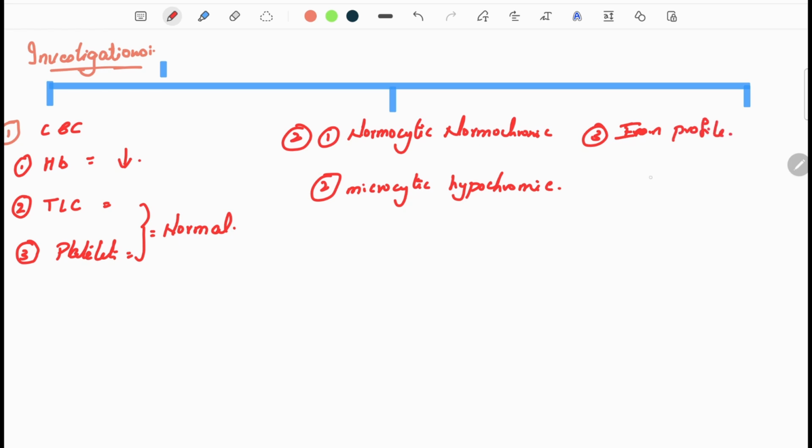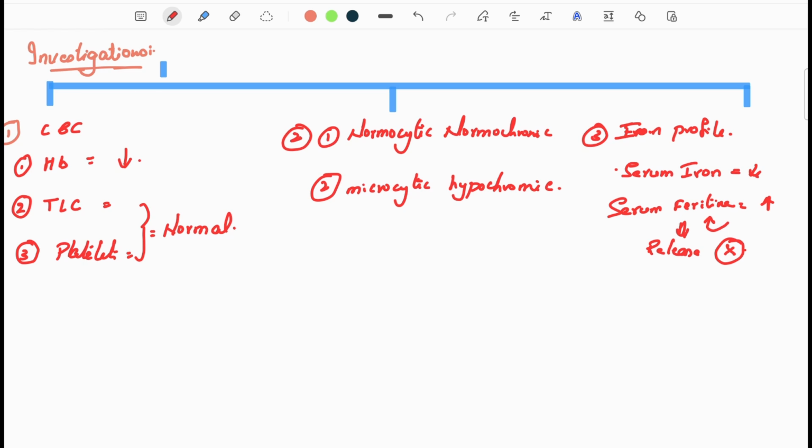And third one is iron profile. In iron profile, you can see serum iron getting decreased, serum ferritin will increase, because storage of iron increases but it is not released. Storage is increasing but release is not increasing.